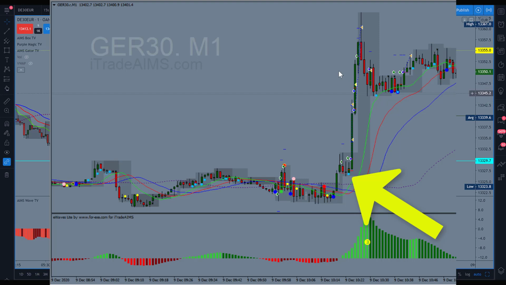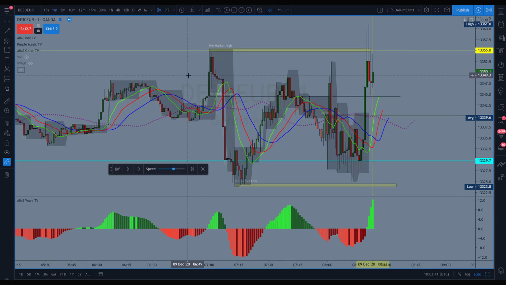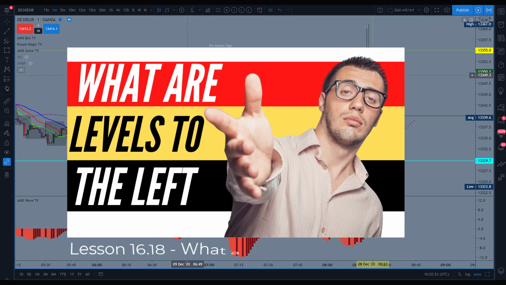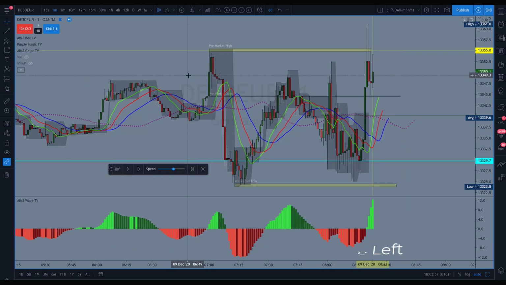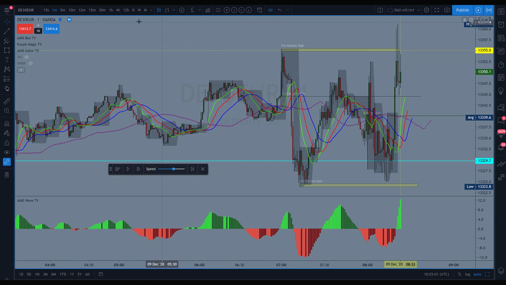Today, those rules of levels to the left, preparing your chart, I think I explained them in the levels to the left video, and on that page it's written somewhere. So we have the three things, right?